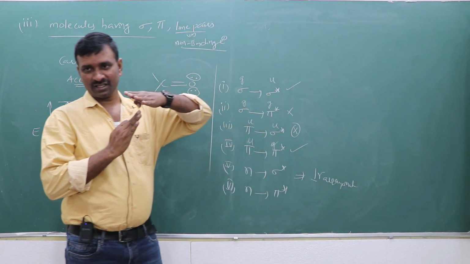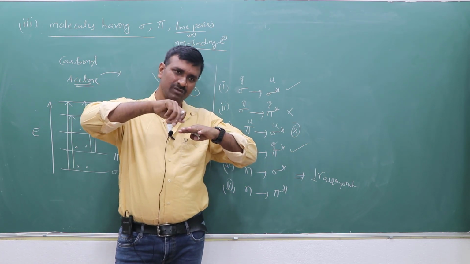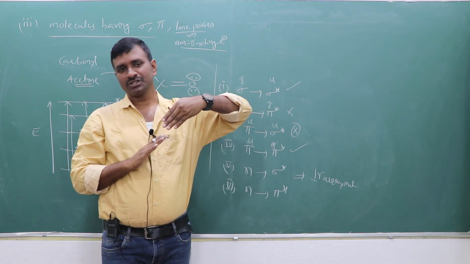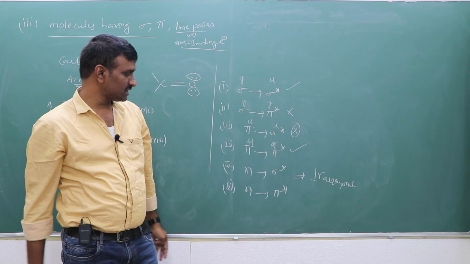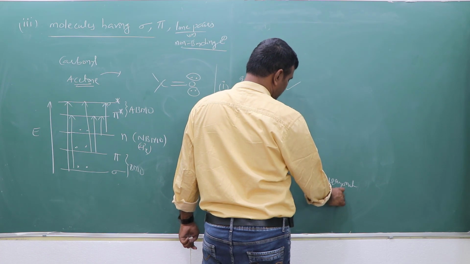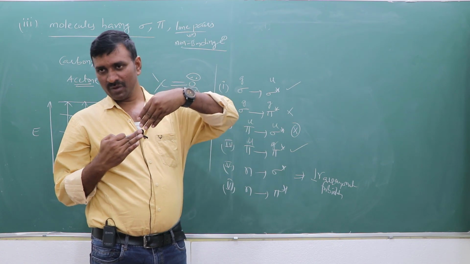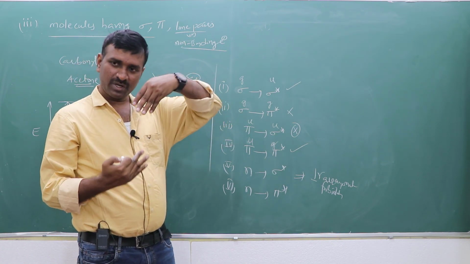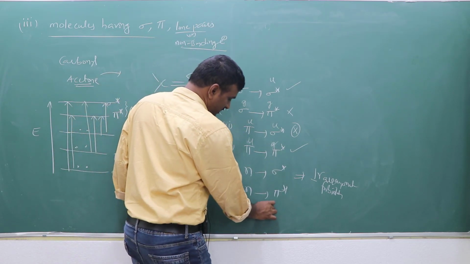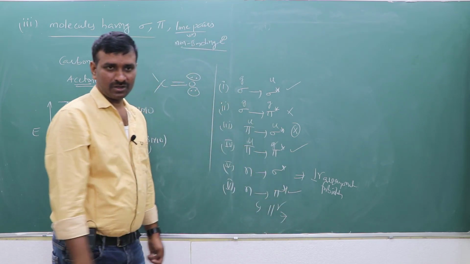Due to some twisting or in-plane rotations, overlapping may take place, but only partial or poor overlapping, so it may be considered forbidden. The n and pi star orbitals are in a parallel arrangement, so good overlapping takes place. Here it is perpendicular, here it is parallel, so the n to pi star transition may be allowed.